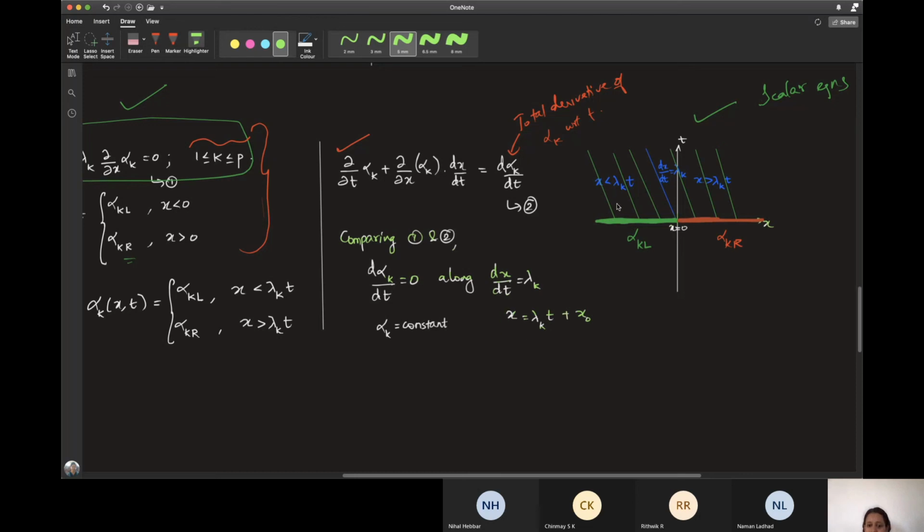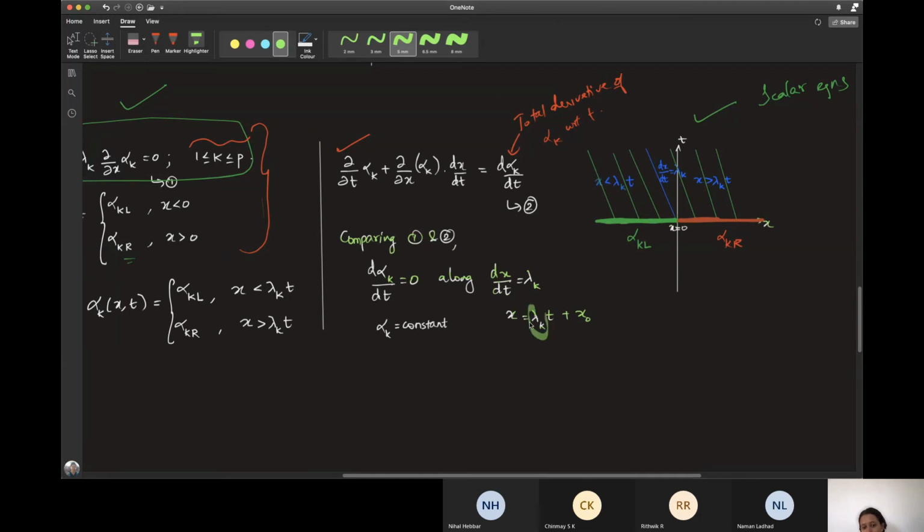This is an equation for this line. But for a different x naught, say this one, it represents an equation for this other line. So for each of these x naughts, this equation represents a general equation for some general x naught.